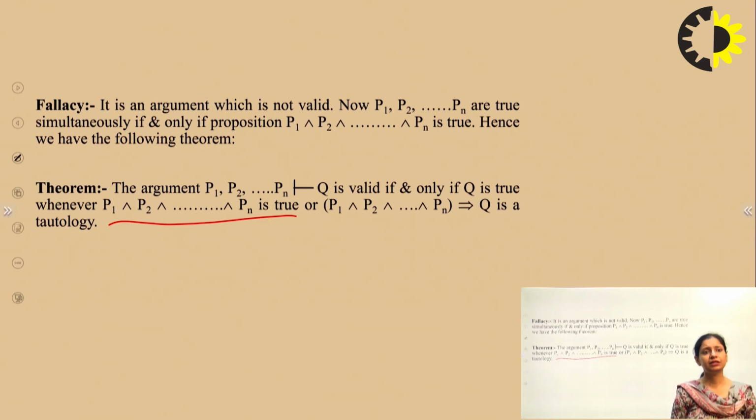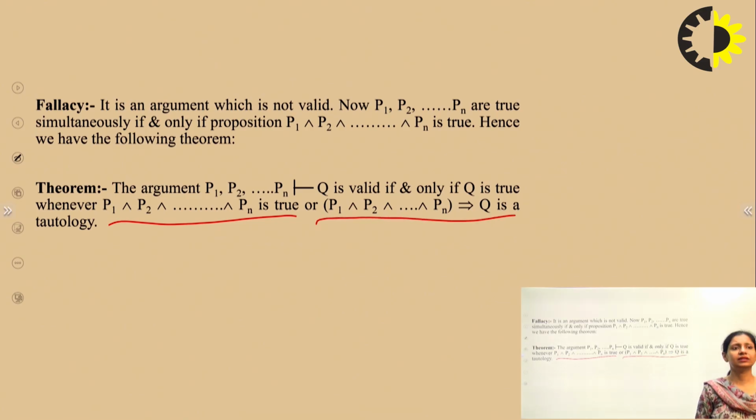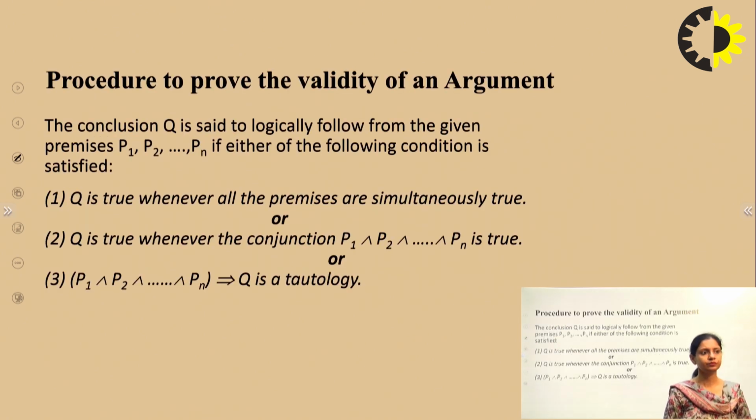So, whenever we need to check whether an argument is valid or invalid, we just need to AND all the propositions with the implies factor, and find out whether it is a tautology or not. The procedure as we have just discussed is that we have all the propositions, we do the AND operation, use the implies, and then we check whether it is a tautology or not.